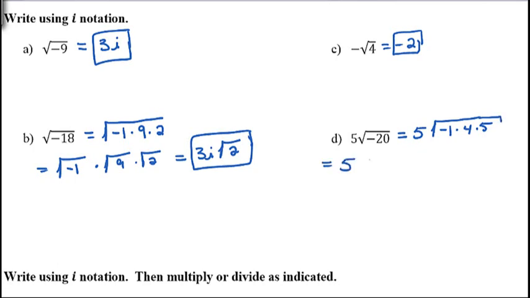So we have the 5 outside times the square root of -1 times the square root of 4 times the square root of 5. And this part is 2i. So we have 5 times 2i, which gives us 10i, and then times the square root of 5.